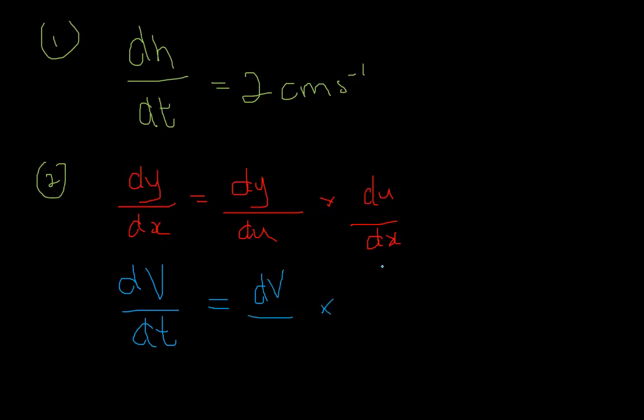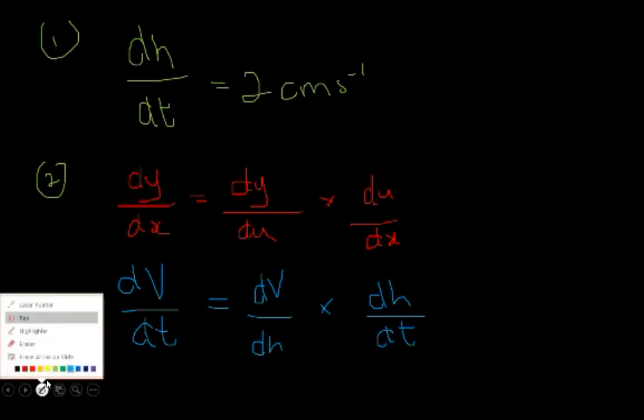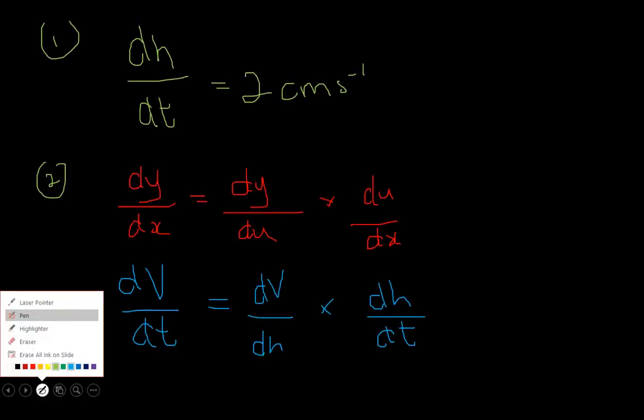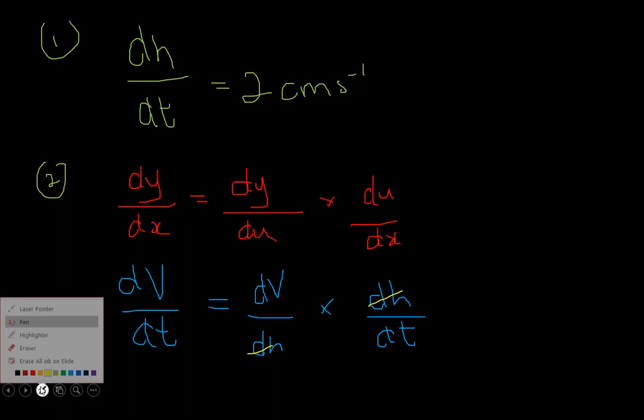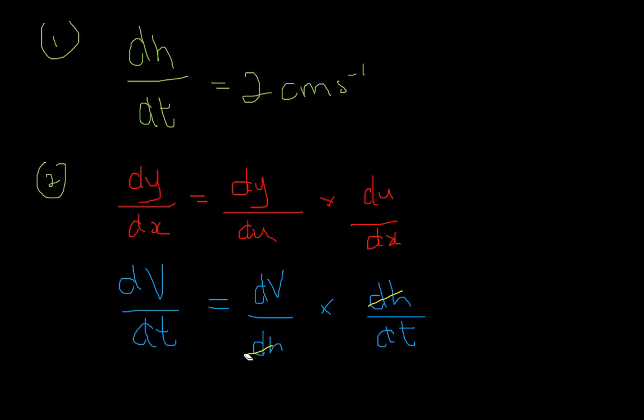And then I know this right here would be the dh on dt. What would I put down here? Well, I need to put dh. Why? Because just remember the little trick I told you on how to remember the order. This denominator and this numerator should cancel to give you the dv on dt. Like I said, they don't actually cancel, and that's just to help you remember.